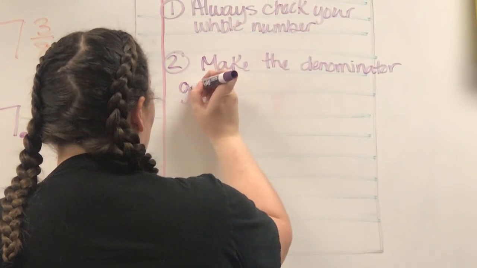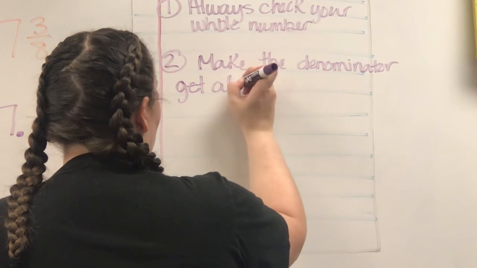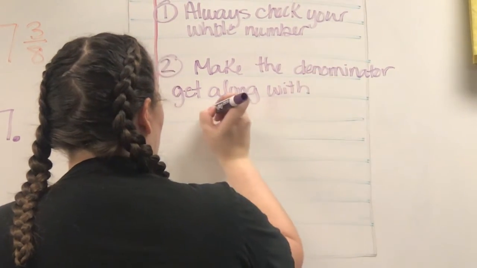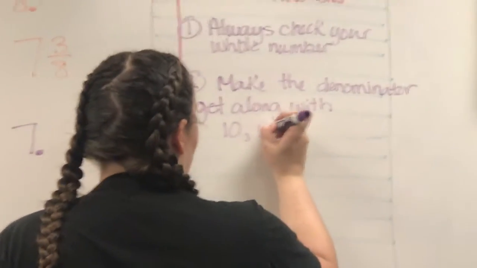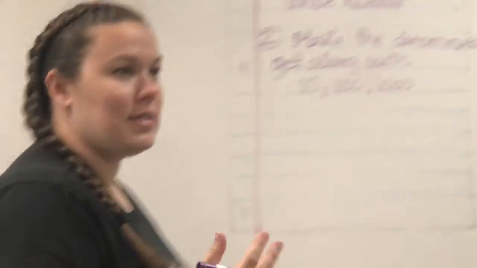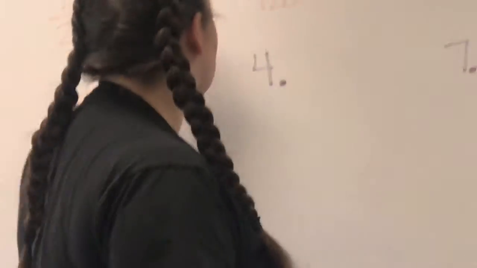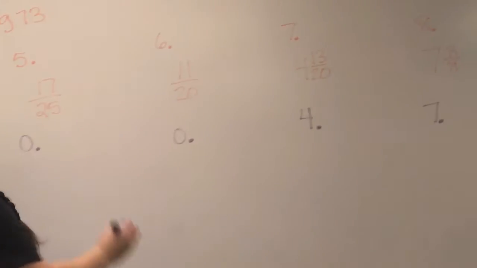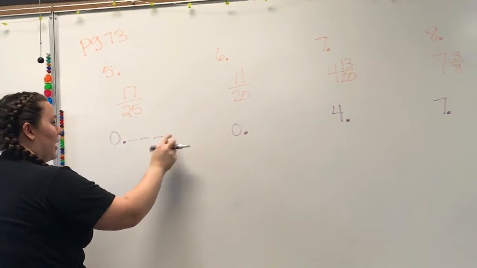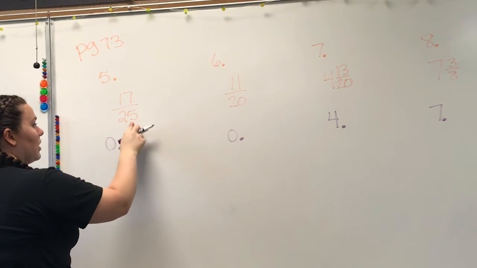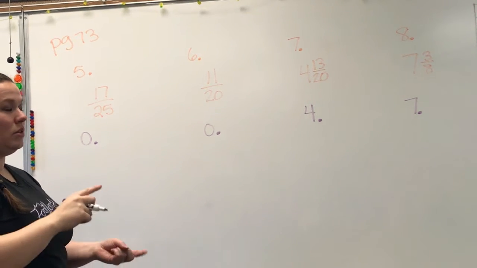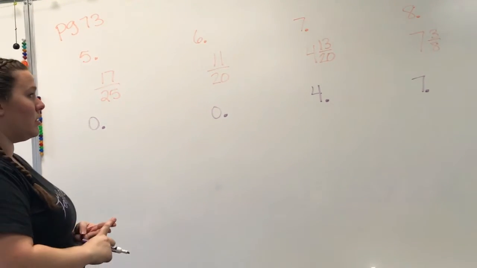Make the denominator get along with the tens, the hundreds, or the thousands, because that's how we talk about our decimal points. Okay, remember how many like lines we had at the beginning of the lesson, the tens, the hundreds, or the thousands? So you need to make this denominator turn into a 10, 100, or 1,000.